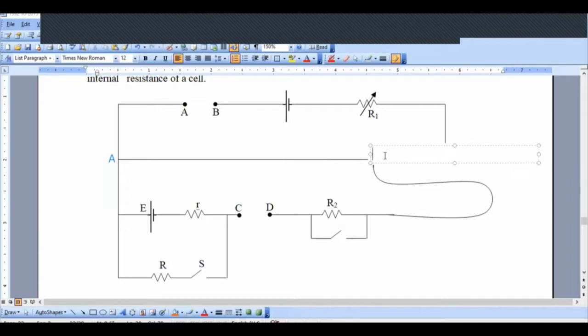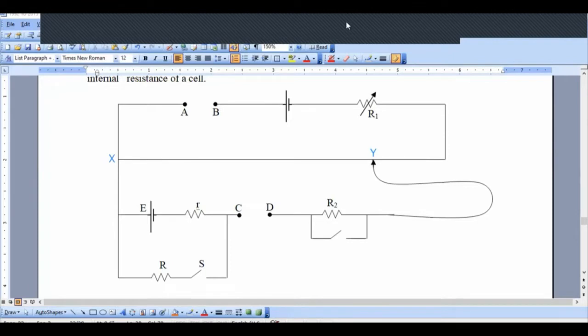Let me mark some points. A and B are already there, so I will use some other points. Let me take this as Y and this as X. So XY is the initial balance length. The distance from X to Y is 90 centimeter.